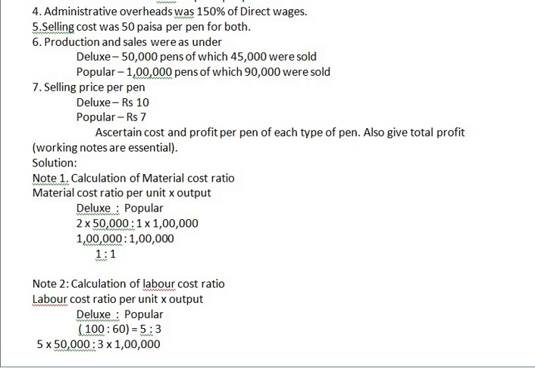Okay. So just multiply this. That is 2,50,000 is to 3 lakh.